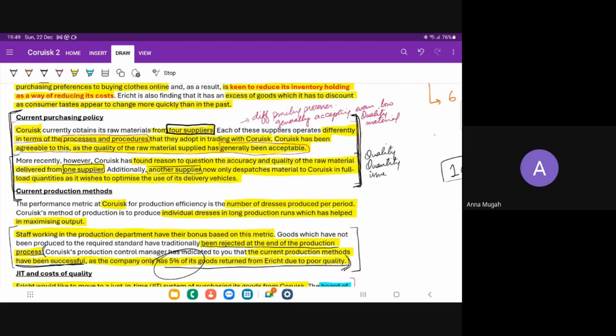Okay. See, the first and the most important thing is that you have four suppliers, right? And all suppliers are operating in different processes. Everyone has different processes and procedures of buying and purchasing, right?